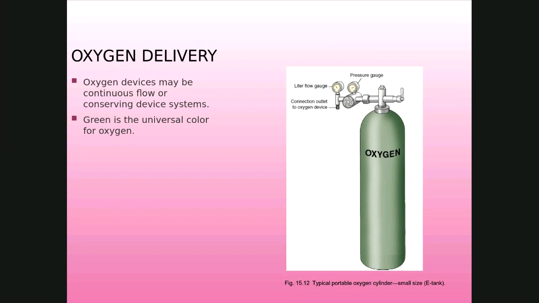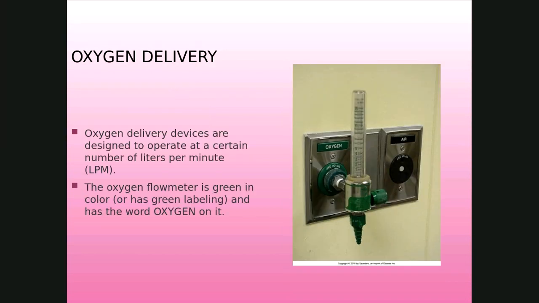Okay. When we look at the delivery system, oxygen devices are designed to operate at a certain number of liters per minute. And you want to make sure that you know how much oxygen a patient is on before you disconnect them. Because if you're going to connect them to, let's say, room oxygen in the department, and you shut off their tank before you know the number, you won't know what to put them on in the department.